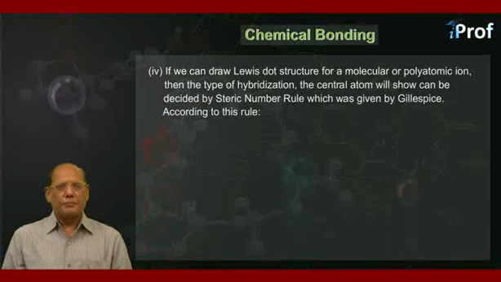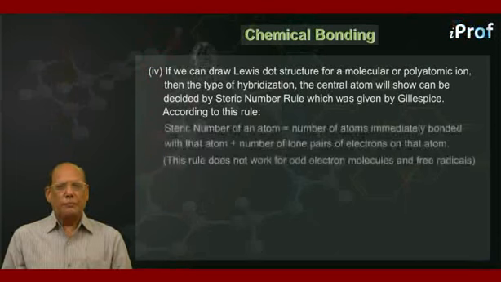Fourth point is, if we can draw the Lewis dot structure for a given molecule or polyatomic ion, then the type of hybridization the central atom will show can be decided by the steric number rule, which was given by Gillespie.